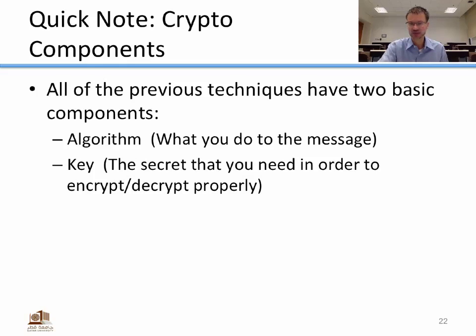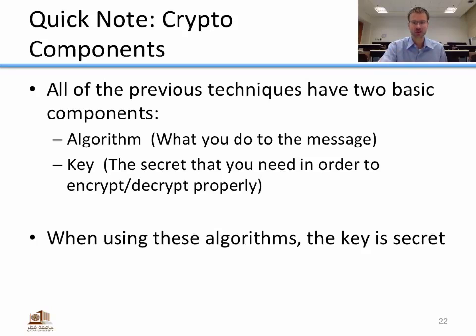The key is a secret that I need in order to encrypt or decrypt properly. In the case of a shift cipher, the key was the number that I shifted by. In the case of a substitution cipher, my algorithm was to substitute letters, and my key was the substitution table that I used. In a Vigenère cipher, my key was the secret word that I used, and my algorithm was to repeat the key underneath my message and just add the message and the key together.